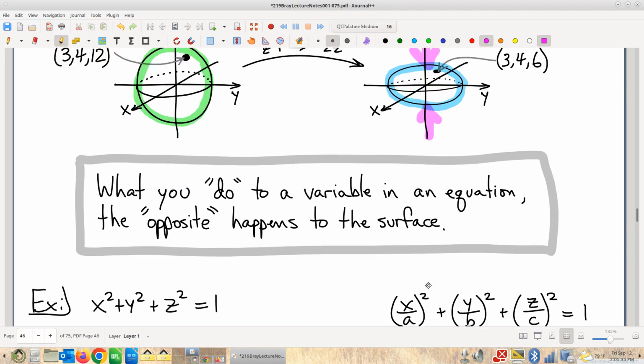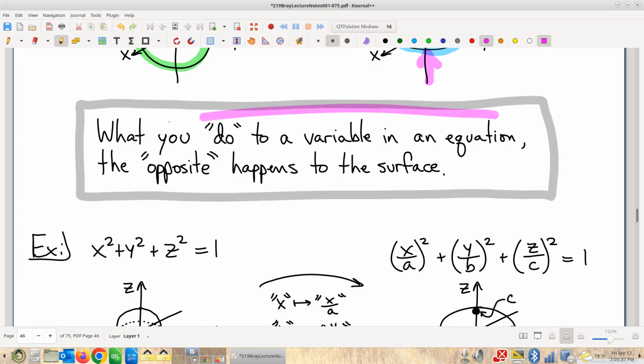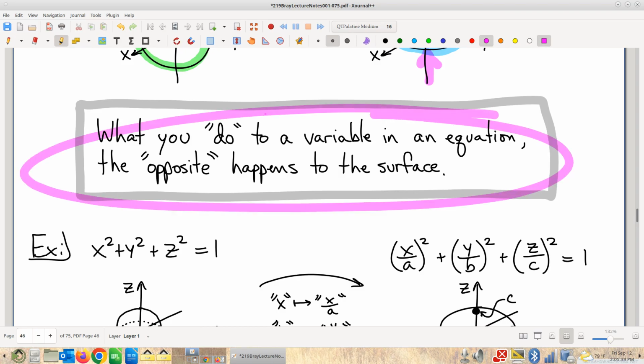So this is a nice general rule of thumb. You're undoing in advance what we've done in the algebra, and so thus this idea of the opposite happening.